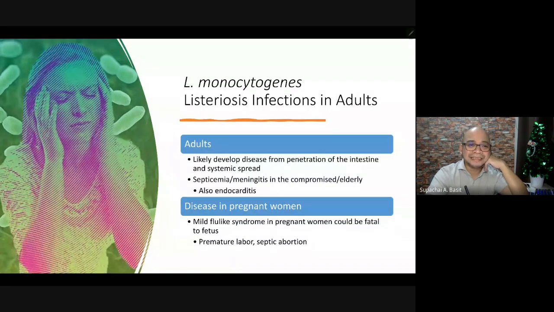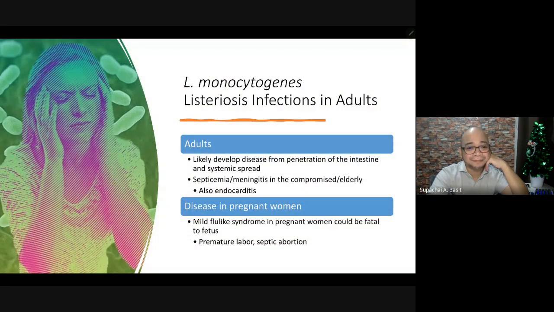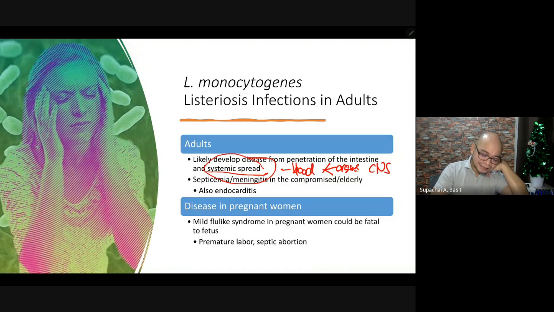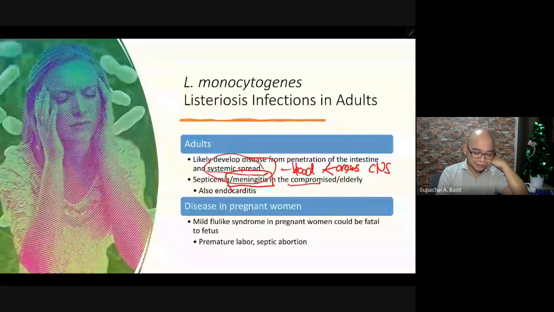These individuals would likely develop disease from penetration of the intestine, and eventually it will spread systemically, meaning through the blood to various organs. And if it reaches the CNS, then it may cause meningitis. People who are most at risk are immunocompromised or elderly. And from blood, it may even go to our heart and cause endocarditis.